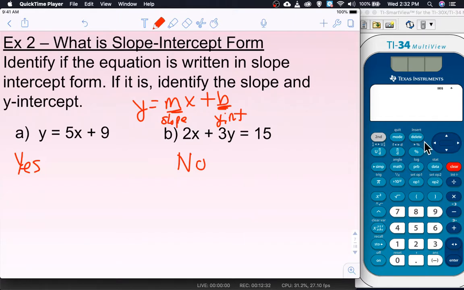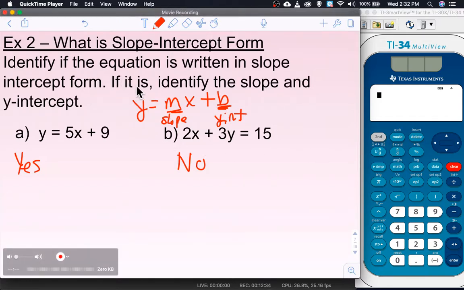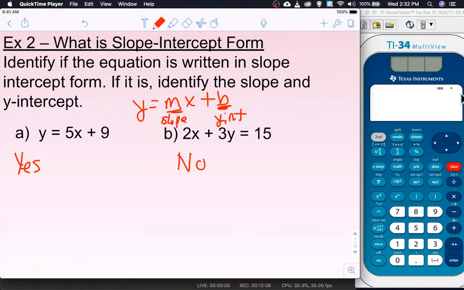Now the second part of the question says, if it is slope-intercept form, identify the slope and y-intercept. Okay, so slope, y-intercept. The slope would be 5. That is my m piece. The piece attached to the variable is the slope.